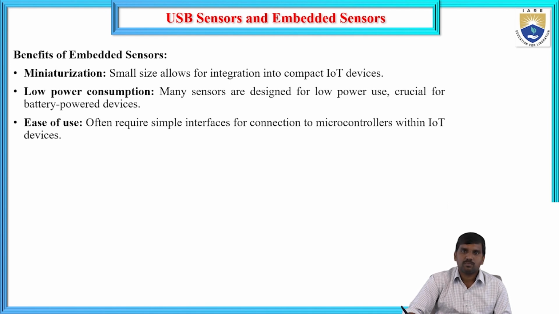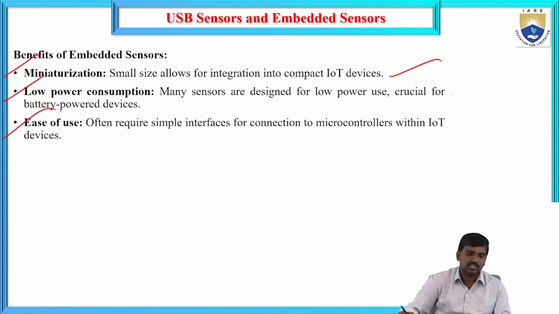And the benefits of embedded sensors. First, miniaturization: small size allows for integration into compact IoT devices. The second one is low power consumption. Many sensors are designed for low power use, crucial for battery-powered devices.